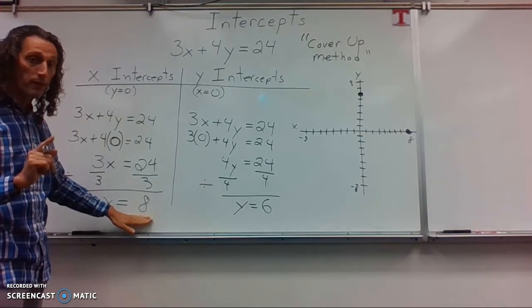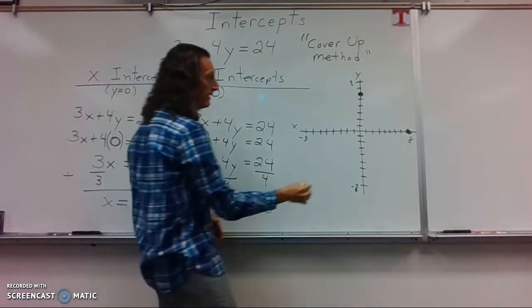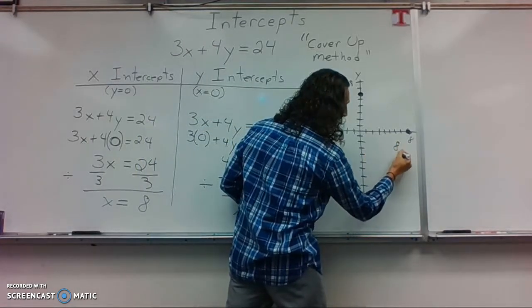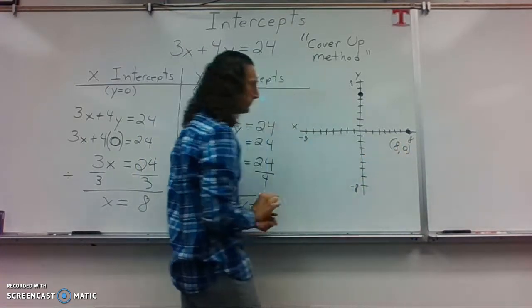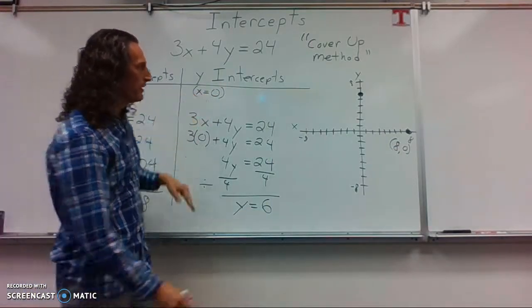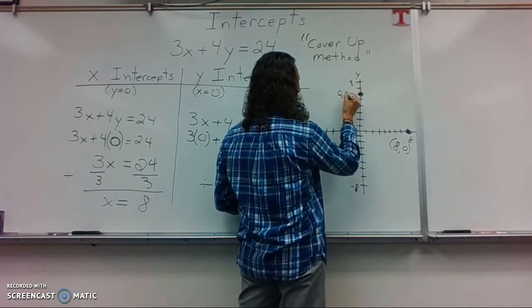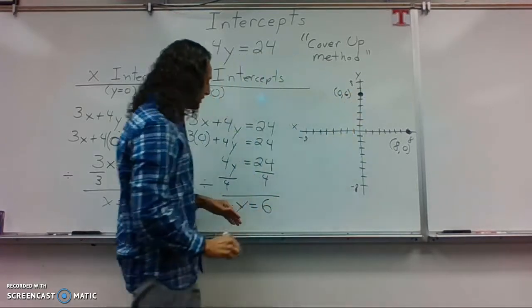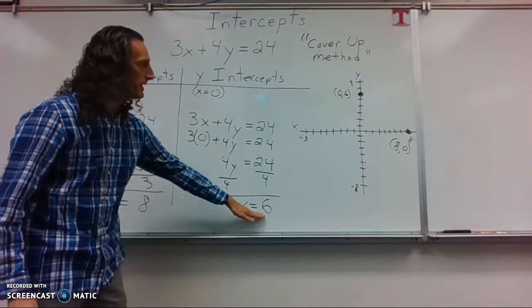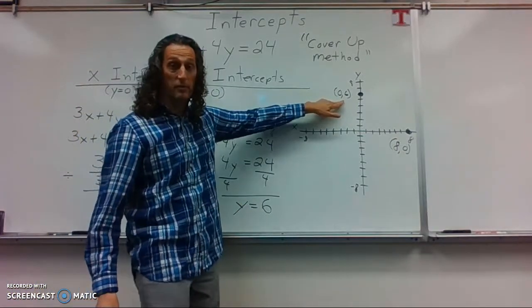But remember, that's because the y is a 0. So technically, this is 8, 0. On the y-intercept, when the x is 0, this is 0, 6. So just remember when it does say y equals 6, that it's actually 0, 6, because it's an intercept.